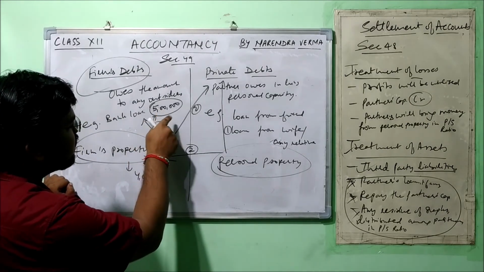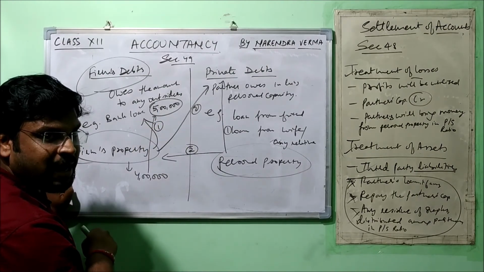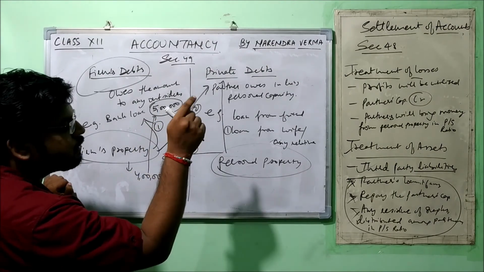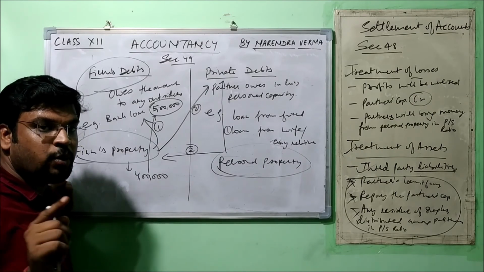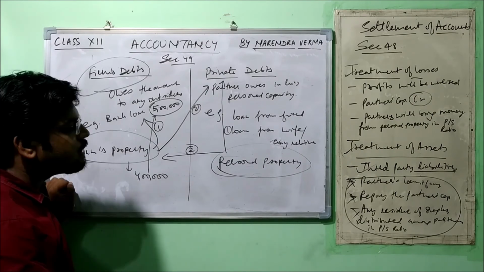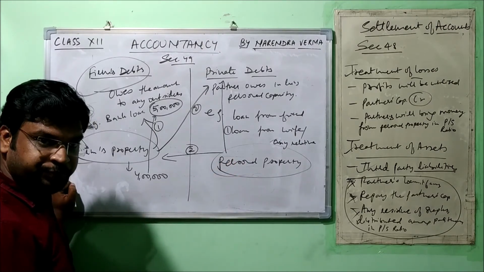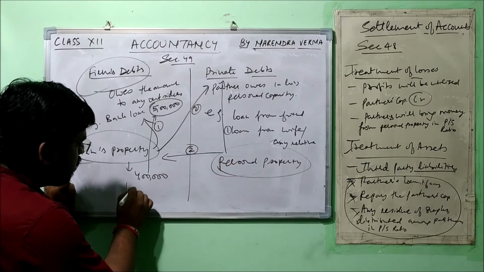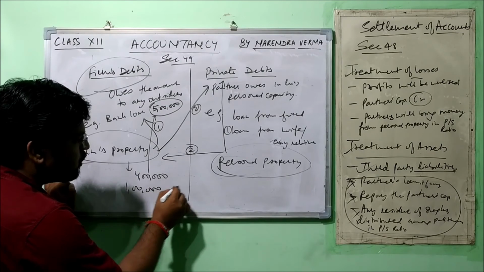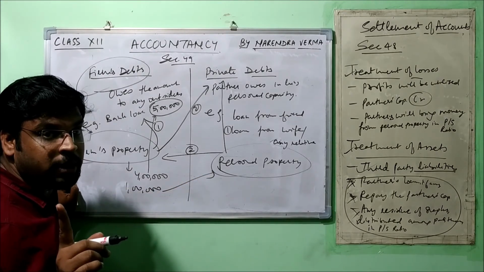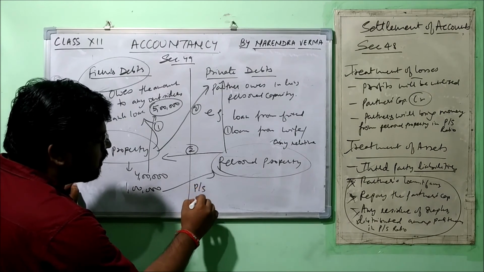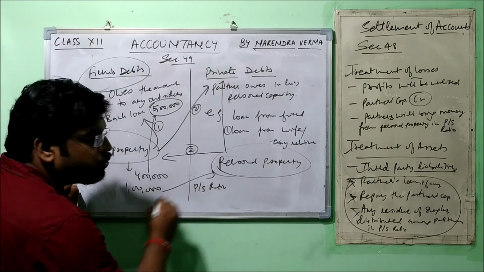Now 1 lakh is still to be paid. For that, the firm will go to the partners. All the partners, in their profit sharing ratio, will bring money from their personal property. Understood? So this remaining 1 lakh will be arranged from the private property of the partners, not a particular partner, in their profit sharing ratio. Understood?